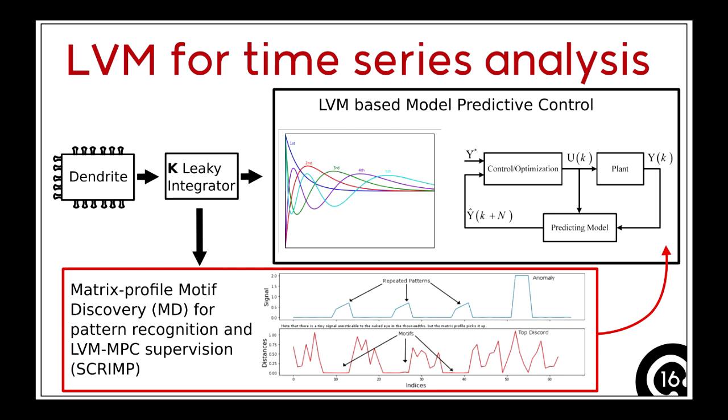Also, for training we need some supervision signal. For recognition of patterns inside of this input signal data, we use motif discovery as a supervision signal. Motif discovery is the procedure of finding similar patterns inside of time series data.